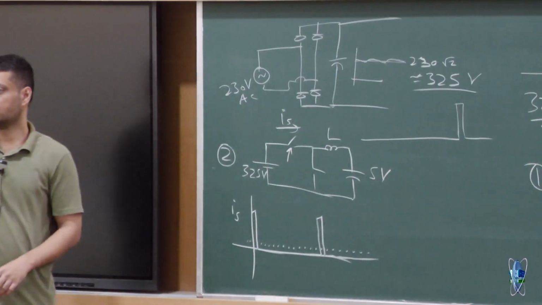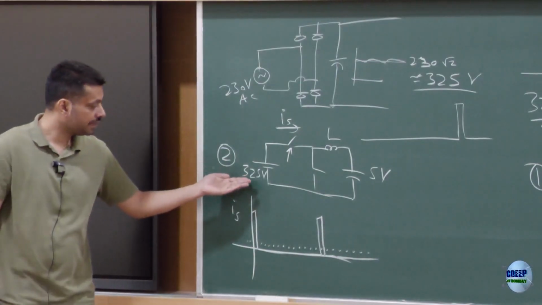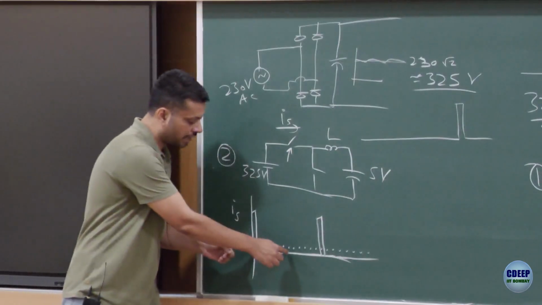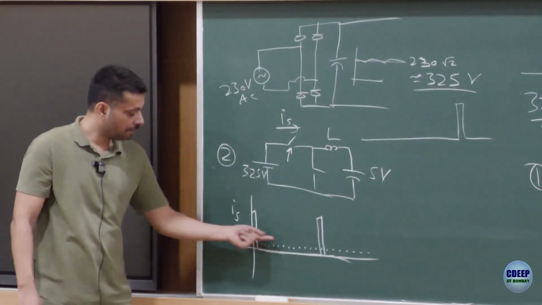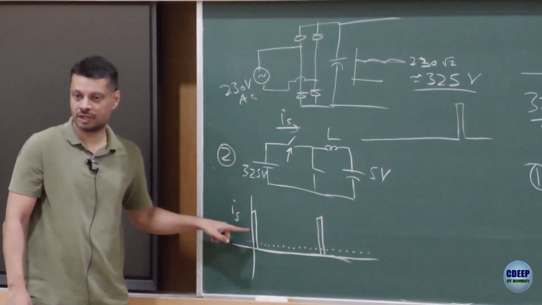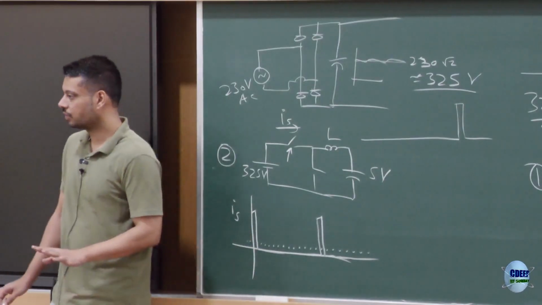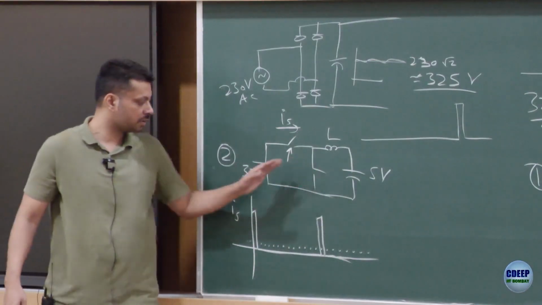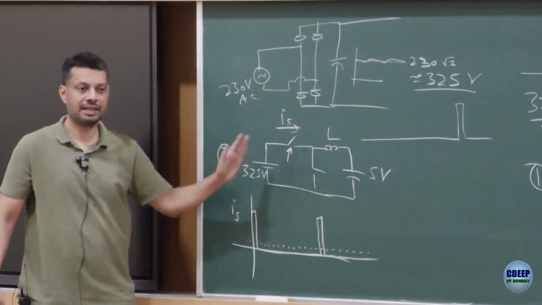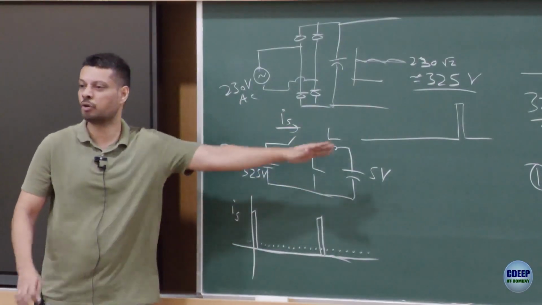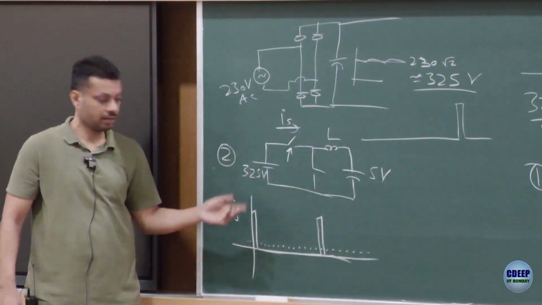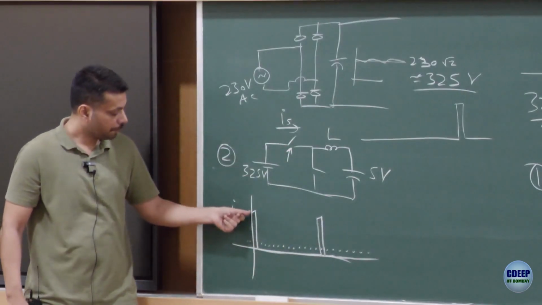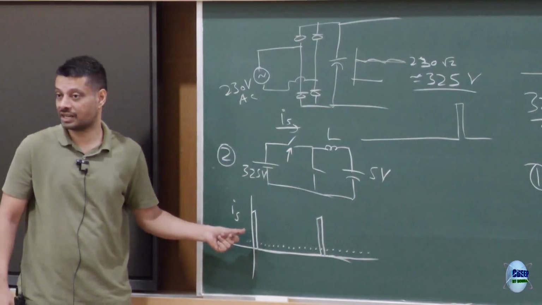If you would have been going from 325 to, let's say, 200 volt, this width would have been substantial. For the same average value, your height would have been much, much lower. If you are comparing the two cases, 325 to 200 versus 325 to 5 volt, with the same output power and same input power, the average input side current is the same, so the peak current of the switch will come down substantially.